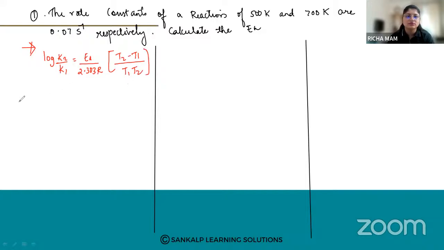So put the values. We have the rate constants and we have the different temperatures.